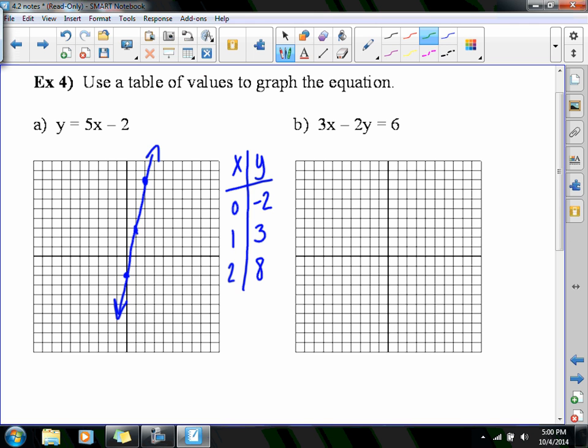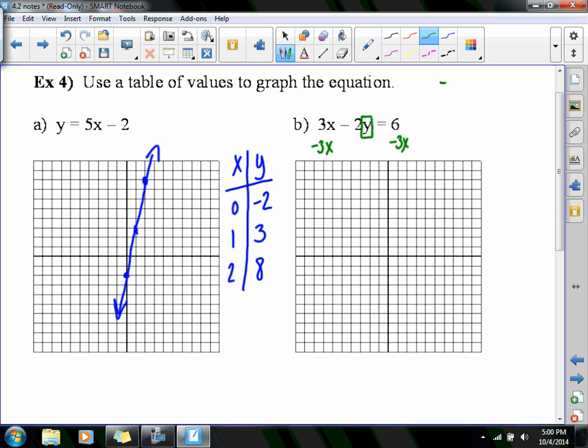Okay, and for part B, now this is kind of like part B and C in example 3, where the equation wasn't solved for y. So again, we're practicing what we did in example 2, where we're going to write it in function form. So I'm going to solve for y first. And to do that, I'm going to subtract the 3x over. I got to get rid of that addition or subtraction first.